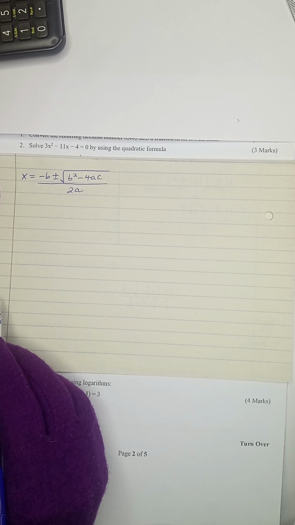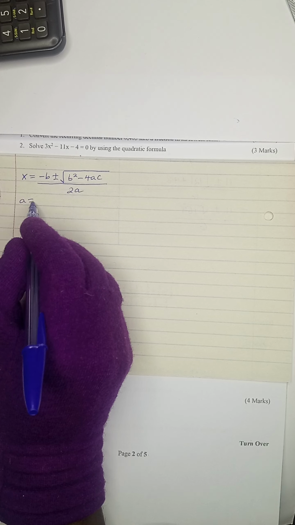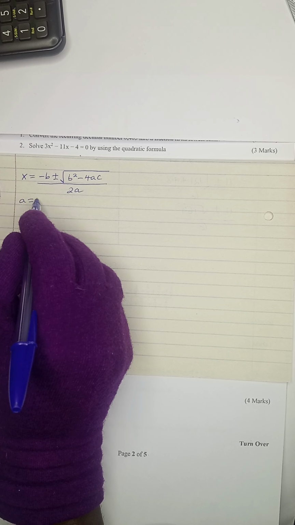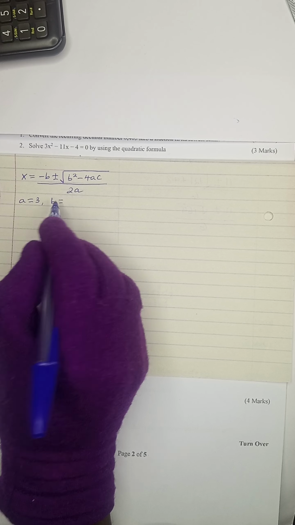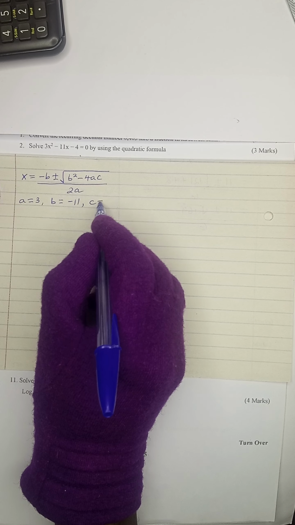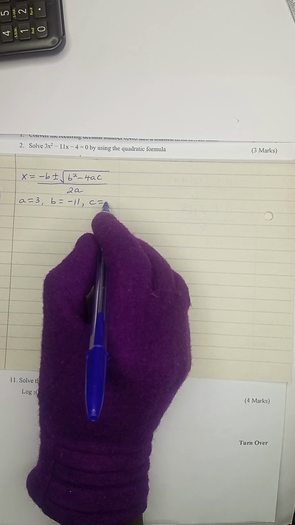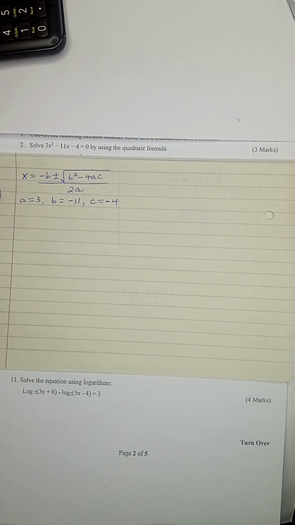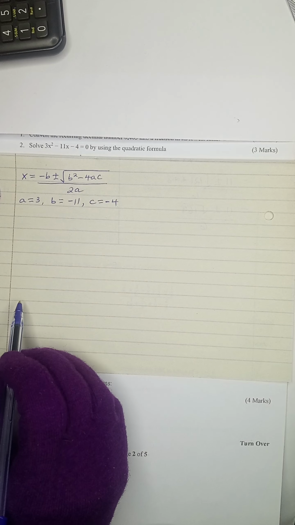Then you also need to state where a is the coefficient of x squared, which is 3, b is the coefficient of x, which is negative 11, and c is the constant, which is negative 4. So we need to substitute these numbers in the quadratic formula.